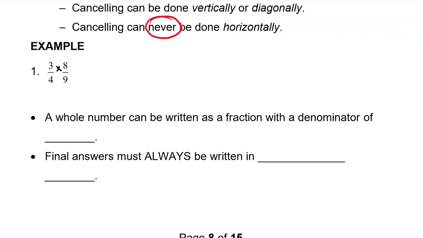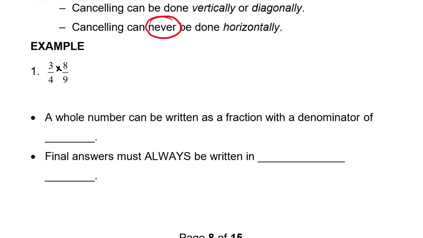Okay, so here's our question. Question number 1. I have 3 over 4 times 8 over 9. Now, usually, not always, unfortunately, but usually, if there's things that can cancel, they're on the diagonals. So I'm looking here, the 3 and the 9, diagonally. 3 and 9, there is a factor that is in both of those numbers.